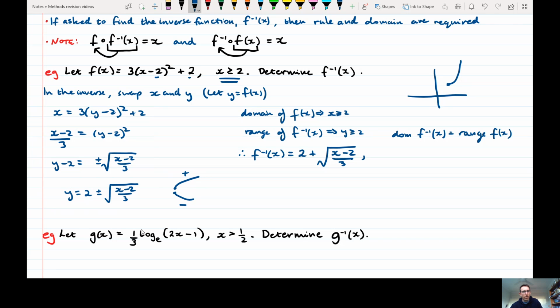So how do we find the range of a quadratic? Well, let's go back to the start. Let's label our turning point of (2, 2). So the range of the original one is 2 to infinity. So it happened to be y is bigger than or equal to 2, which means the domain of the inverse must be bigger than or equal to 2. And we end up with that.